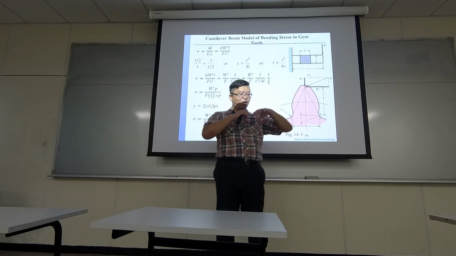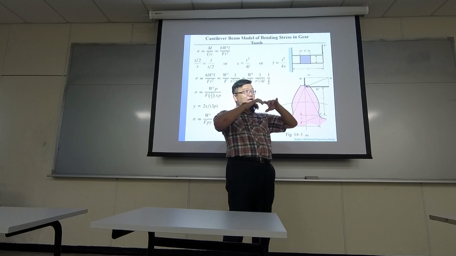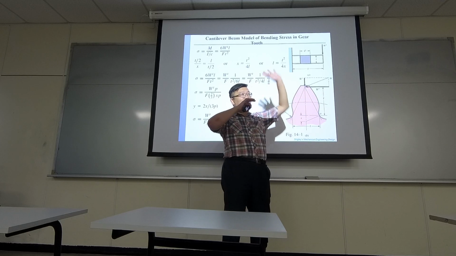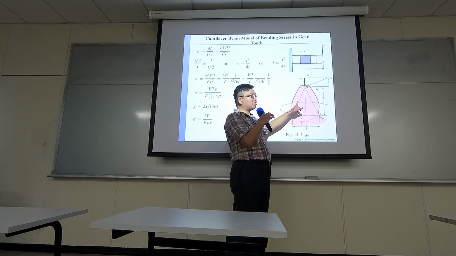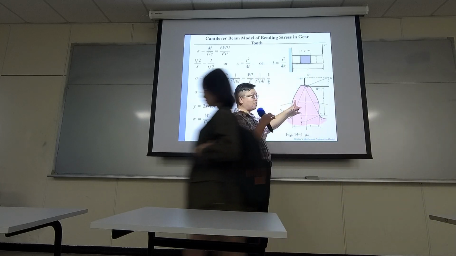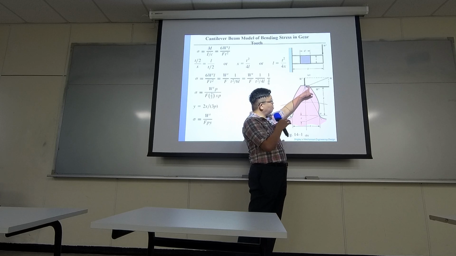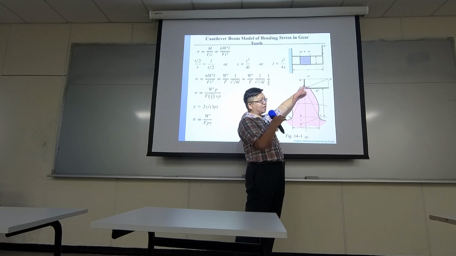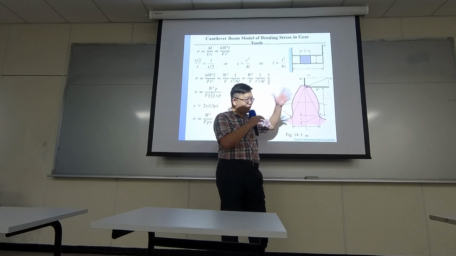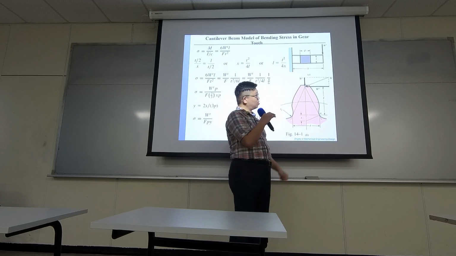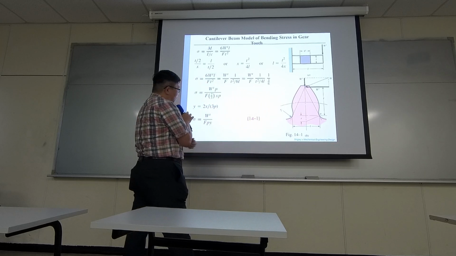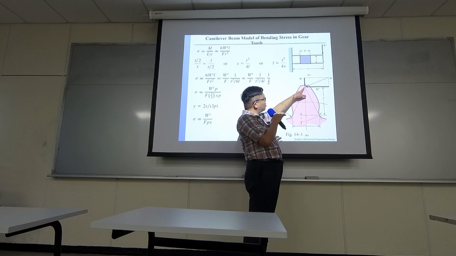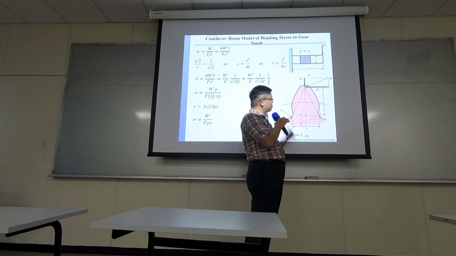When the contact point is right at the tip, and if the same amount of force is being transferred from the other side to this side of the gear, then the tooth probably is carrying the most load because the force is all the way at the tip of the tooth. So it's basically providing the greatest bending moment to the tooth. So for this model, the applied force is basically right at the tip.